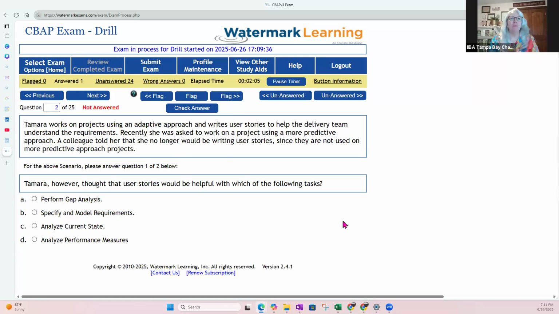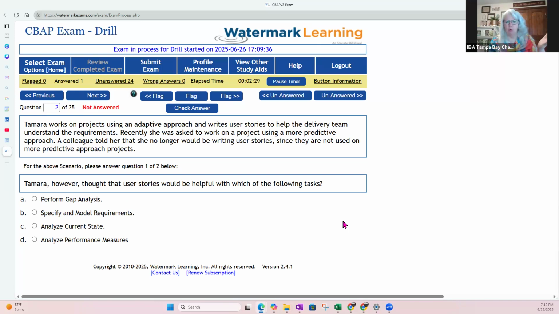Tamara works on projects using an adaptive approach and writes user stories with the help of the delivery team to help the delivery team understand the requirements. Recently, she was asked to work on a project using a more predictive approach. A colleague told her she no longer would be writing user stories since they're not used on predictive approach projects. So adaptive, predictive, she was using Agile.